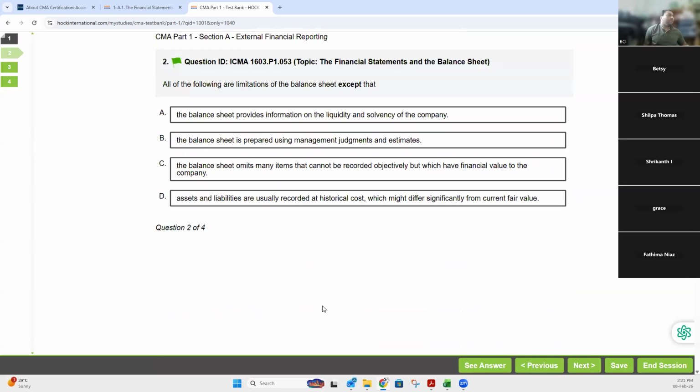All of the following are limitations of the balance sheet except: balance sheet provides information on liquidity and solvency; using management trends and estimates. Balance sheet provides information on liquidity and solvency.